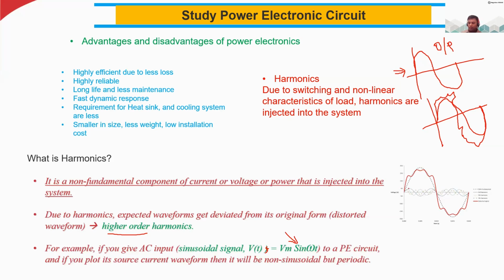Here you can see the output waveform. I am expecting a smooth sinusoidal output, but because of harmonics I am getting a distorted waveform. Together with this output, we also have many harmonics: second order, third order, fourth order harmonics, and so on.